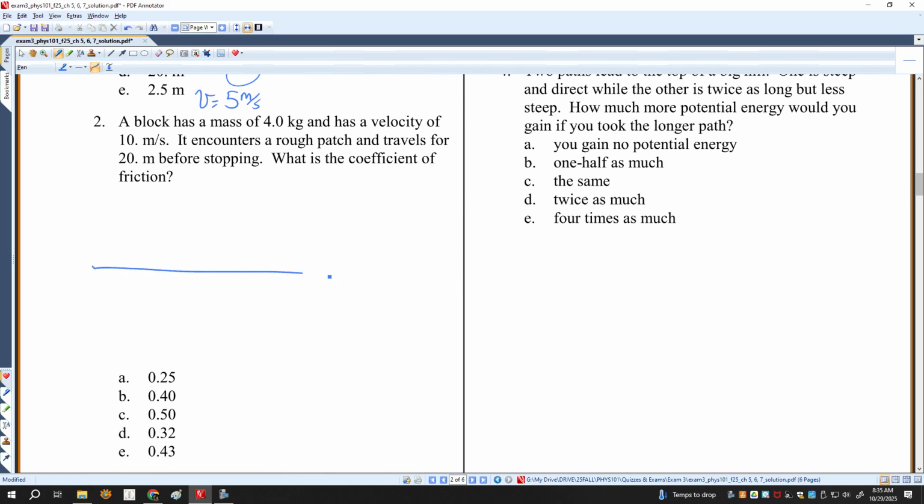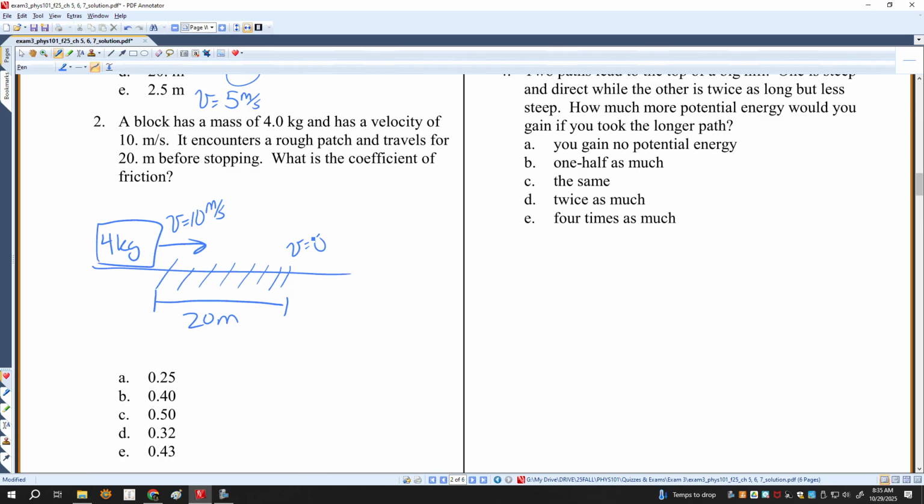All right, this block has a mass of 4 kilograms, and it's traveling with a velocity equal to 10 meters per second. It encounters a rough patch over a distance of 20 meters before it has a velocity equal to 0.